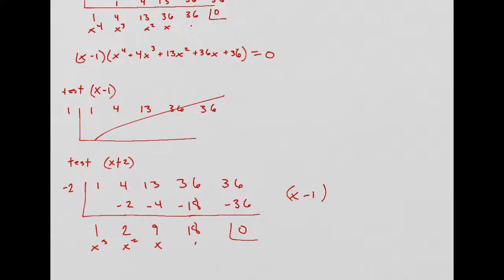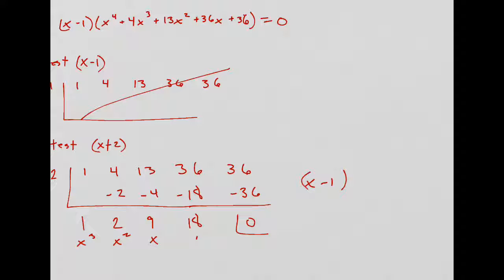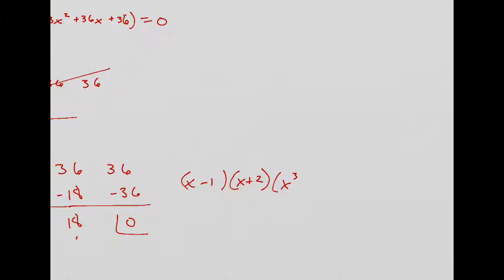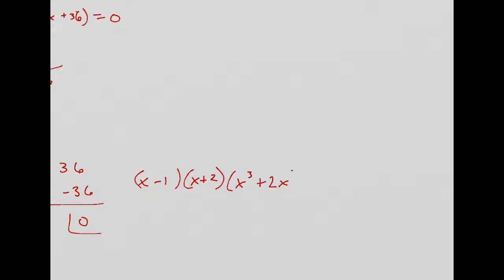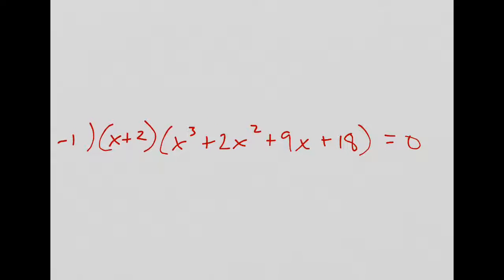And then this got reduced down to x plus 2, because that's what I was testing, and it worked. And then I'll write down this, x to the third plus 2x squared plus 9x plus 18 equals 0. And then I'll try and factor this.